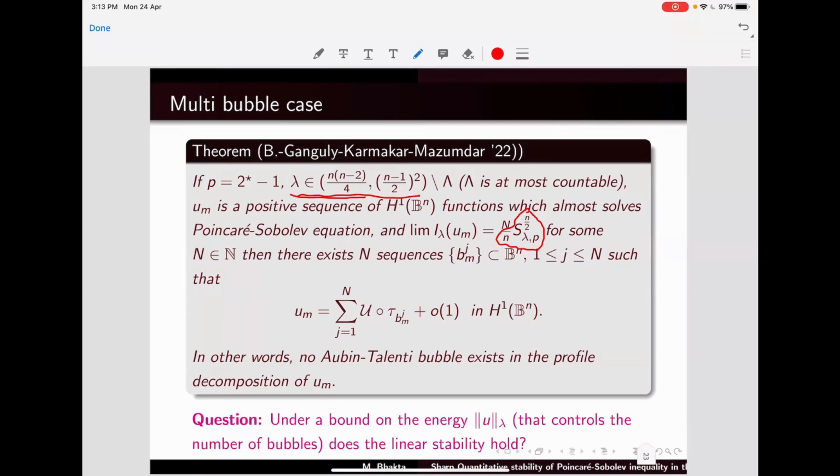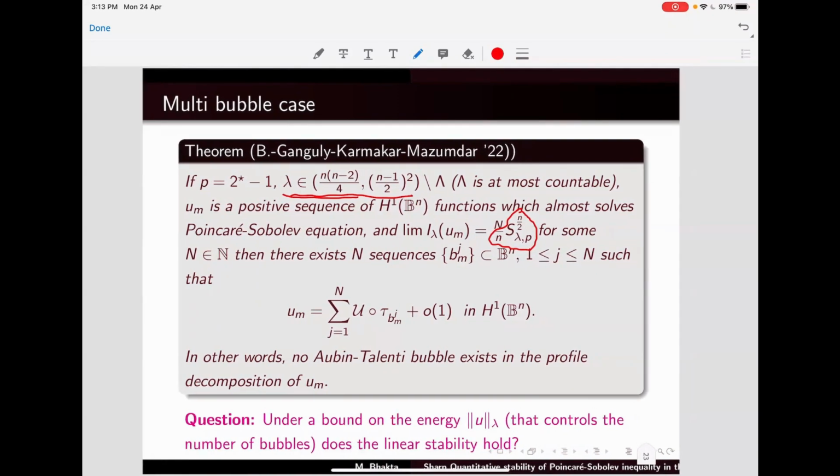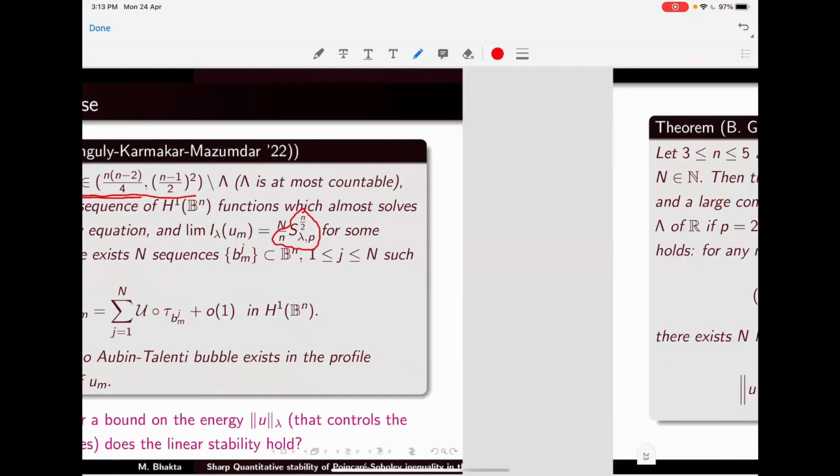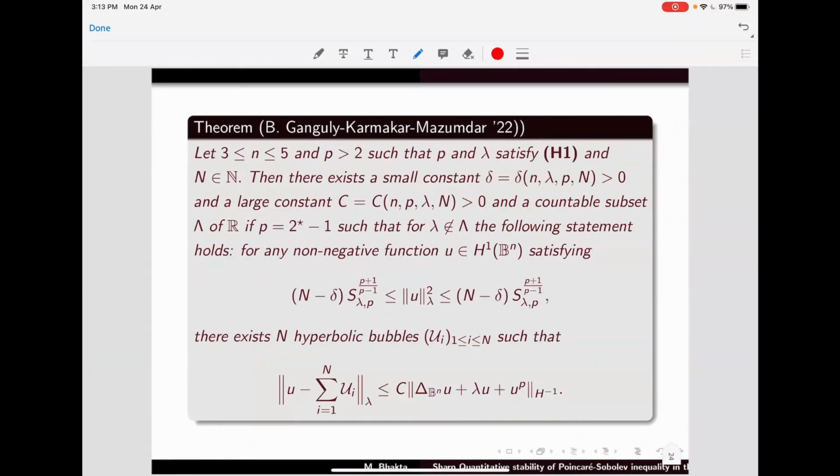Okay. So now in that case, the question is: can we have linear stability? And the answer is yes. That's what we've shown: if we take a non-negative sequence of functions which almost solves the Poincare-Sobolev equation, then the multi-bubble stability result holds for p greater than 2, with the energy and lambda restricted.